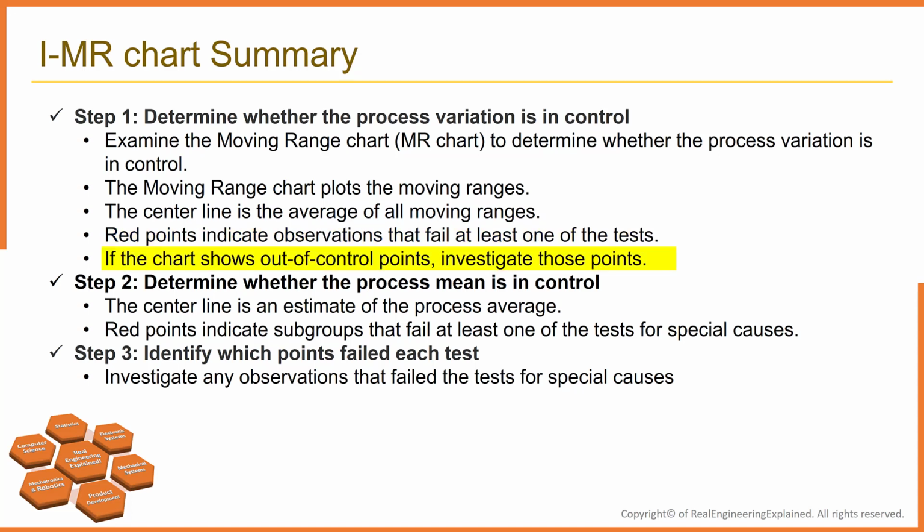If the chart shows out-of-control points, investigate those points. Out-of-control points can influence the estimate of process parameters and prevent control limits from truly representing your process. If out-of-control points are due to special causes, then consider deleting those points from the calculations.